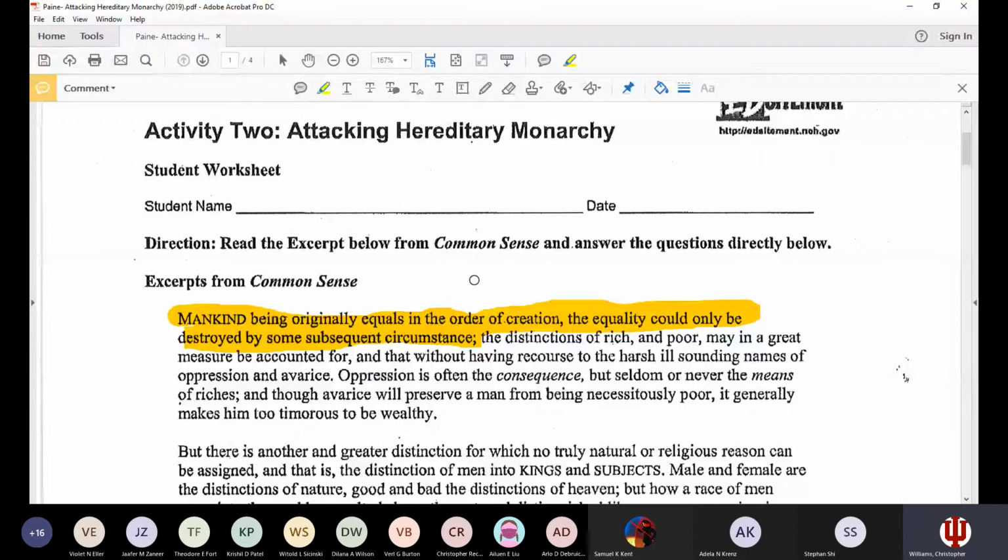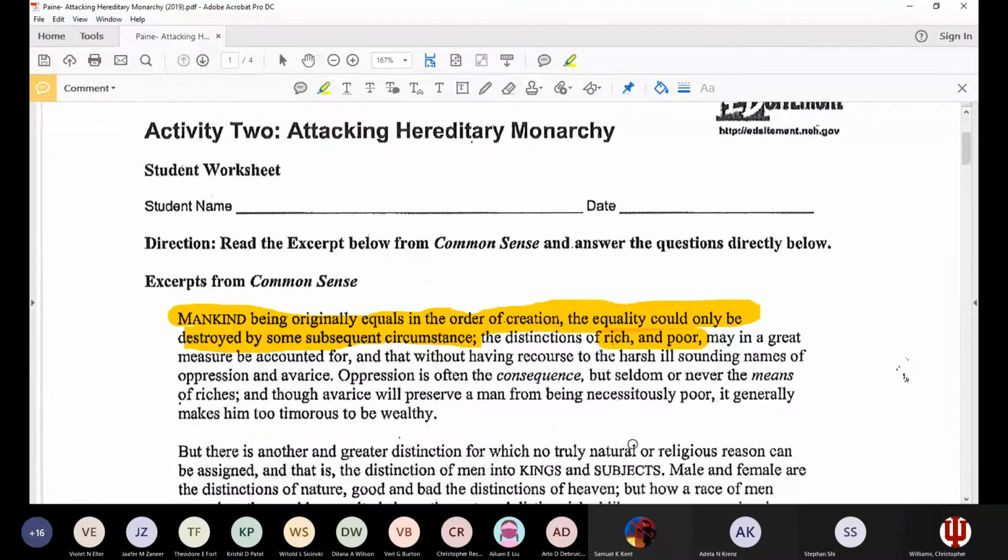But you're going to have circumstances in your life where there are differences. Obviously, one of these differences is rich and poor. That's something that happens naturally in life. You may end up in one of those two categories, but you started out the same.